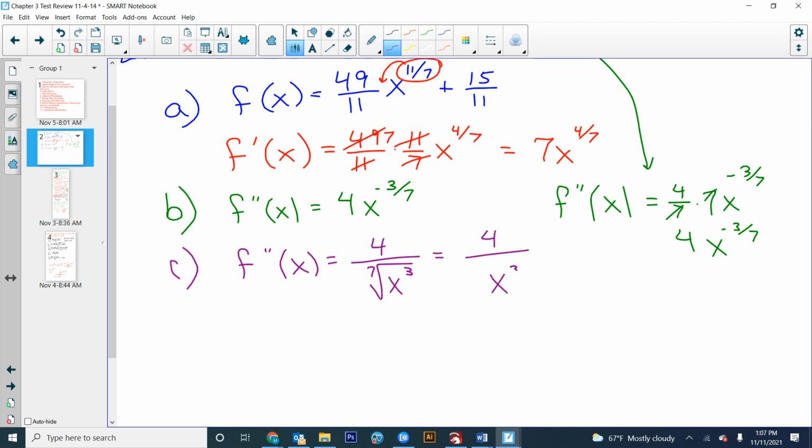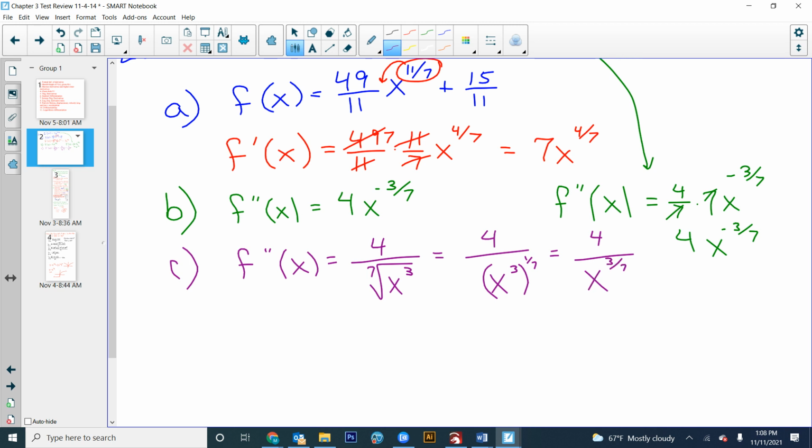X cubed to the 1/7. Everybody okay with that? Be honest, yes? If I say square root, you write to the 1/2 power. You're fine with that. 7th root, it's the 1/7, right? 5th root to the 1/5. Okay, power to a power, you multiply. So this is 4 over x to the 3 sevenths.